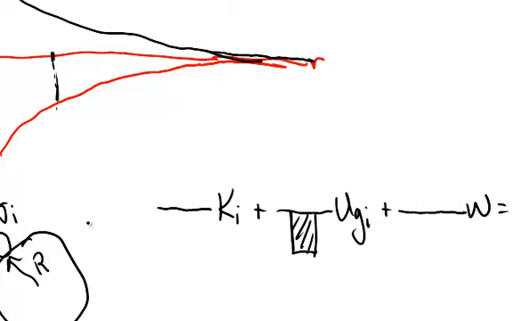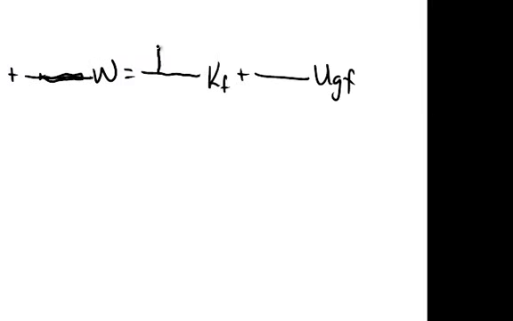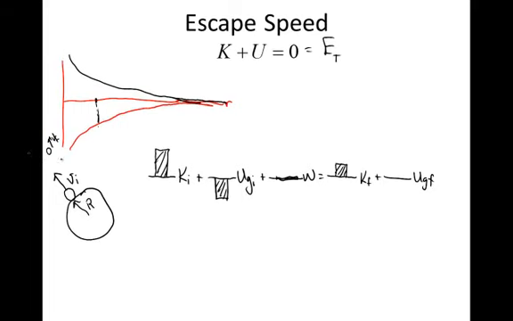Now, if we choose our system so that there's nothing external to it, there's not going to be any work done. And so that means we can just ignore this term. And we need to figure out what exactly our K initial needs to be if we're going to have some K final. Now the key is it has some final velocity when it's very, very far away.